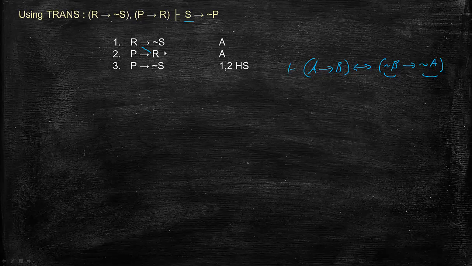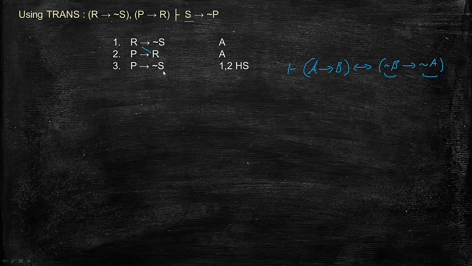But you don't have two negated subformulas. You have if P, then not S. So a non-negated and a negated. That means you're going to have to treat if P, then not S as if A, then B.